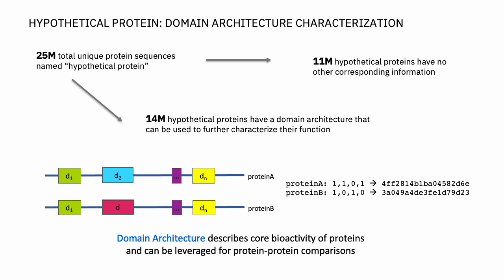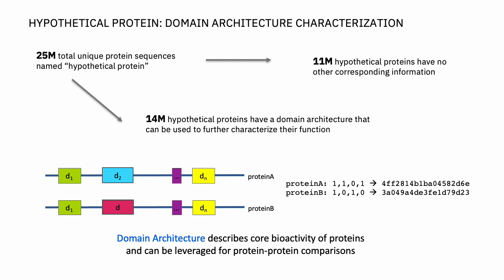We've talked about how we've performed the prediction process. Now I would like to share some of our early results using domain architectures to better characterize hypothetical proteins. This is prior to the Kraken prediction process, and we resolve hypothetical proteins that have already been successfully annotated by InterProScan.